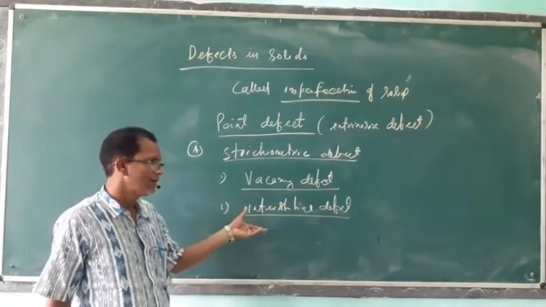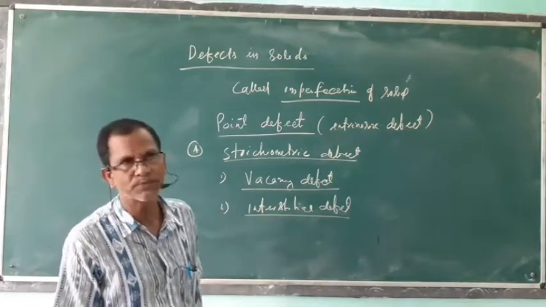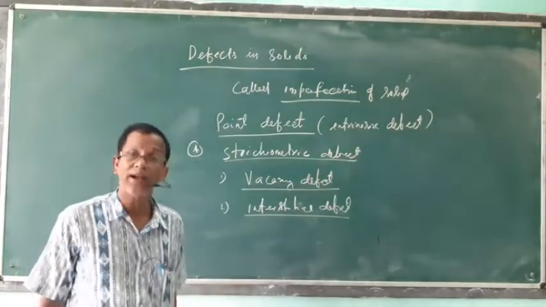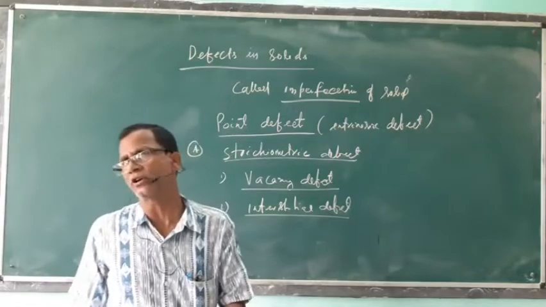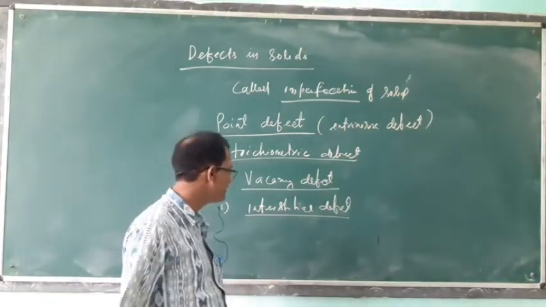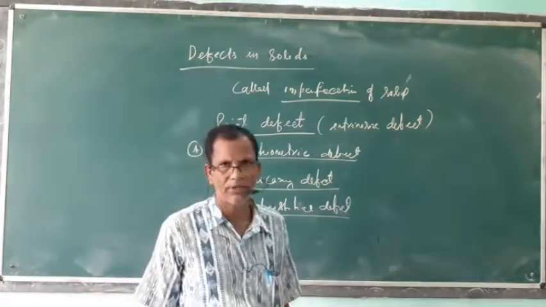When the particles are removed from the lattice point to the voids, they occupy the voids, either tetrahedral voids or octahedral voids. This is called your interstitial defect, and this defect is also called dislocation defect.